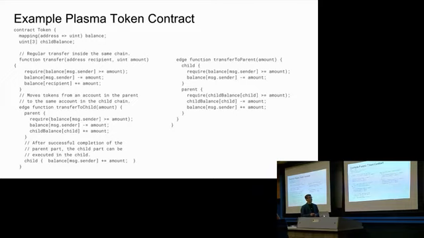But in the child chain, we will have an event that stores the fact that this part has successfully executed. And then at some point in the future, we have this store hash transaction that stores the current state hash of the child chain in the parent chain.